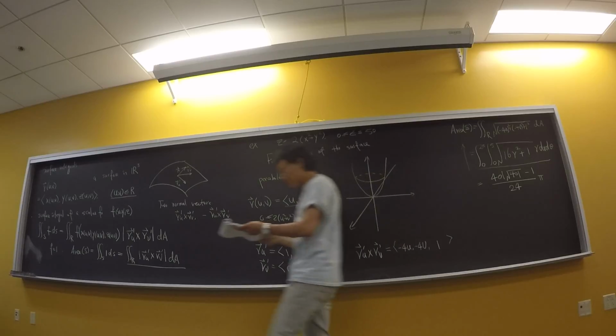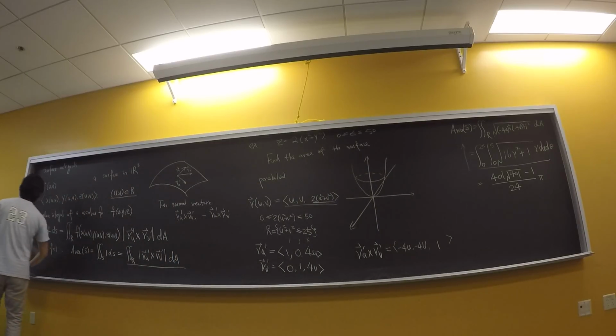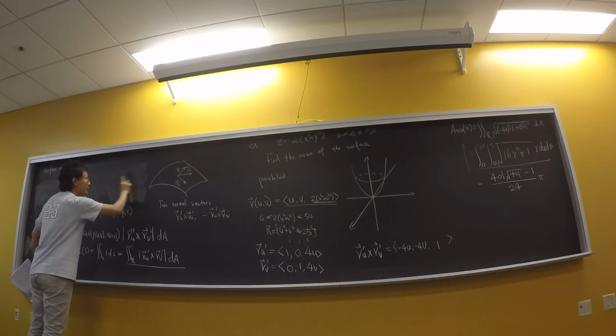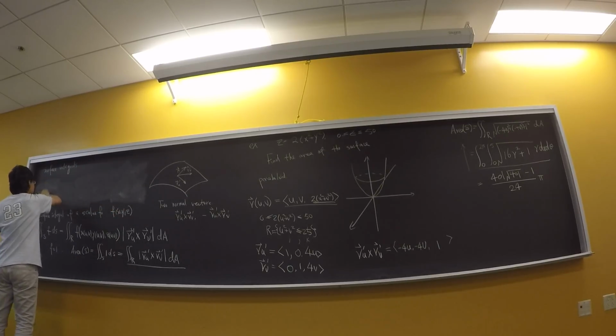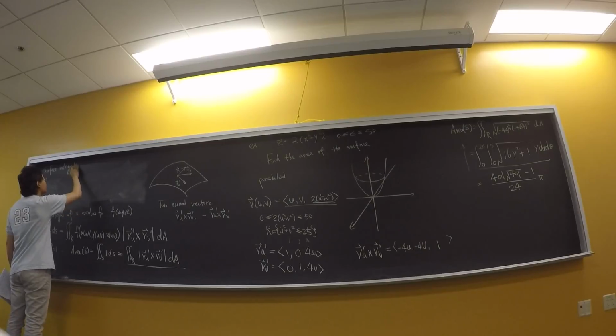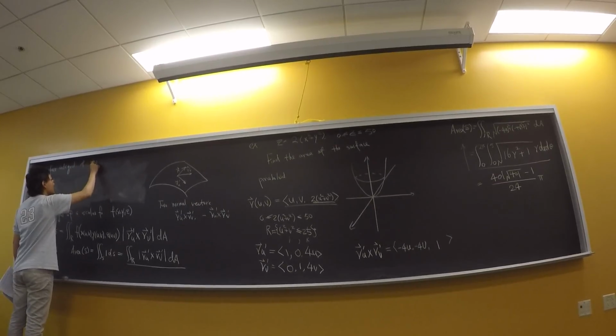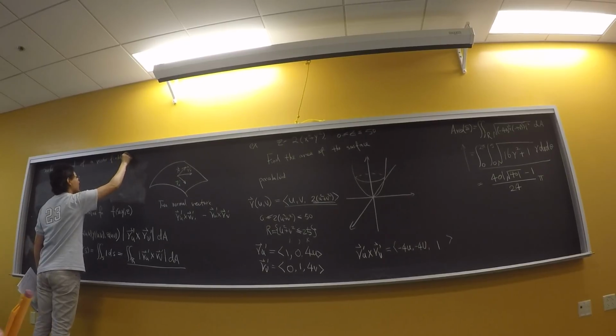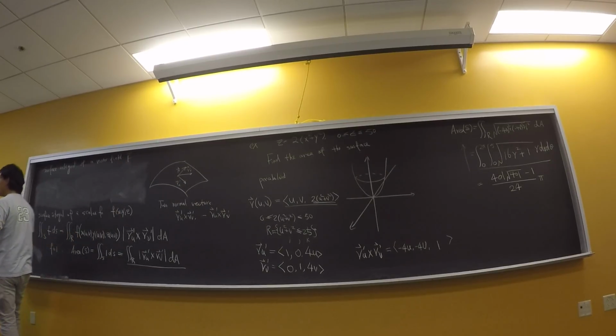Okay, now I want to introduce the surface integral of a vector field. Because we are now on a surface in R3, our vector field is also a vector field in R3.